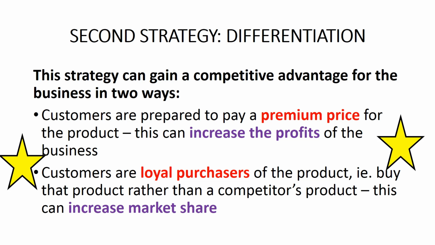They don't feel that that same attribute is provided by the products produced by competitors, and as a result they will keep on coming back to the business that provides that product to buy that product. And this is a way of increasing market share, because if, as in the case of Nike, you have a very recognizable brand, then that is a way of attracting customers away from your competitors to your own product.